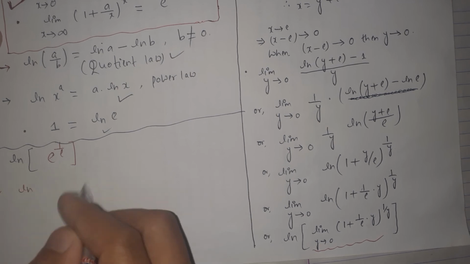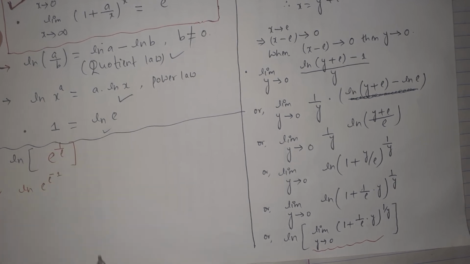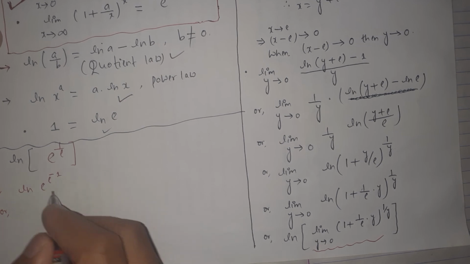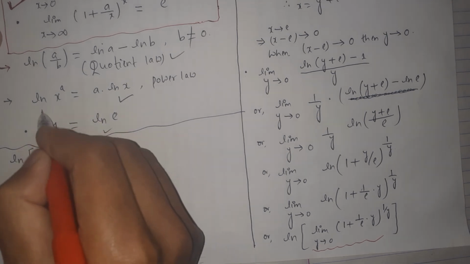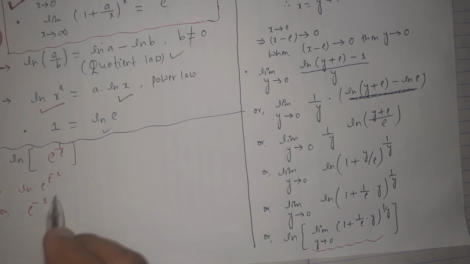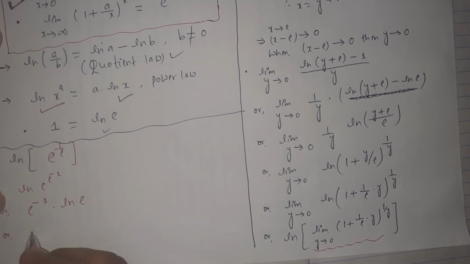So let's do some simplifications. This can be written as ln of e to the power negative 1. By using the power law of the logarithm, we can take this power to the front of the expression, negative 1 times ln of e, and the ln of e is 1.